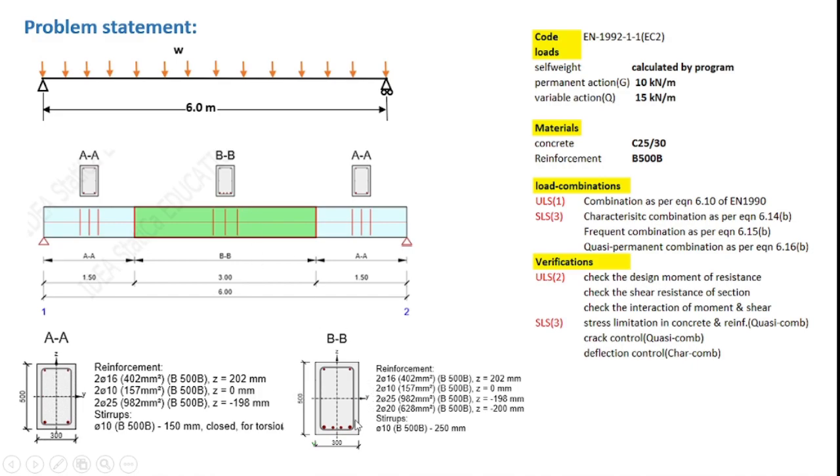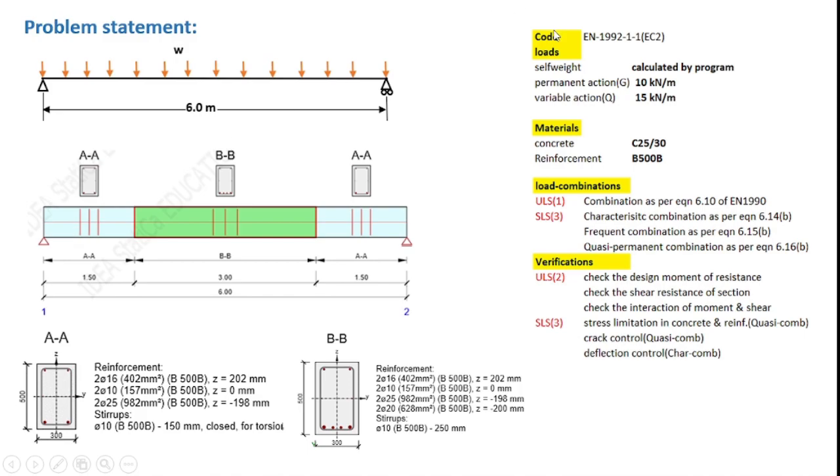At section BB, the bottom reinforcement consists of 2 25 plus 2 20 dia bars. Section AA consists of only 2 25 dia bars. Now coming to the strut reinforcement, we have provided 2-legged 10 dia struts at 250 mm center to center at section BB, whereas this spacing is reduced to 150 mm for section AA.